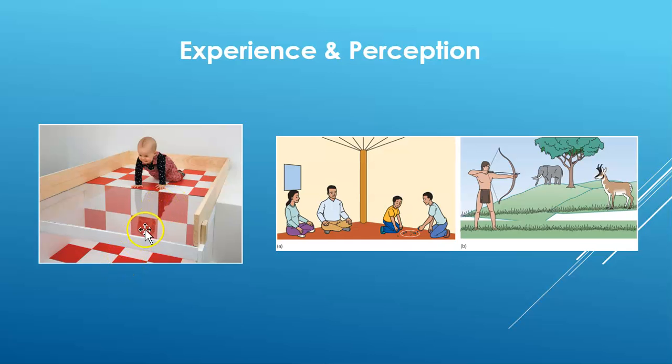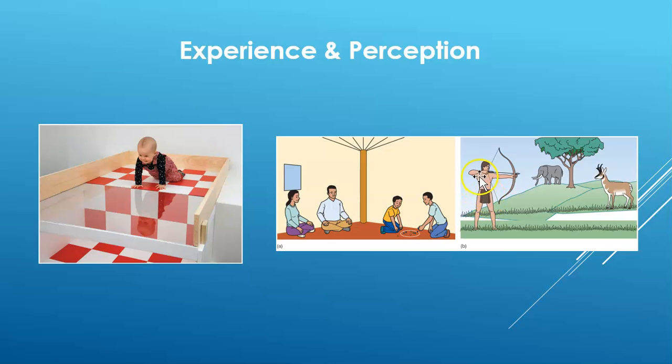But if you look down, then there's still the same checkered pattern. So when the baby crawls across, the baby's probably going to just think it's the same checkered pattern. Or what the baby might think is that there's going to be a large drop when there's not, because it can't process that there is a pane of glass because it hasn't experienced that before.